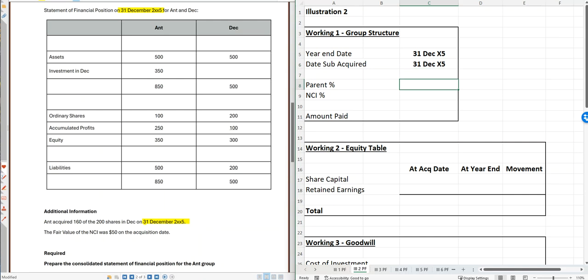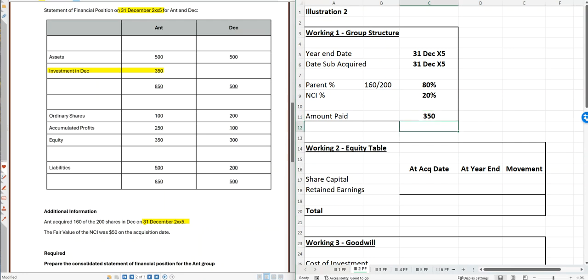So the figures will be the same in our equity table. And we bought 160 out of the 200 shares. That is 80%. And the NCI therefore is 20%. They don't tell us in the notes how much we paid, but we can look up here and see that the investment in DEC was 350.